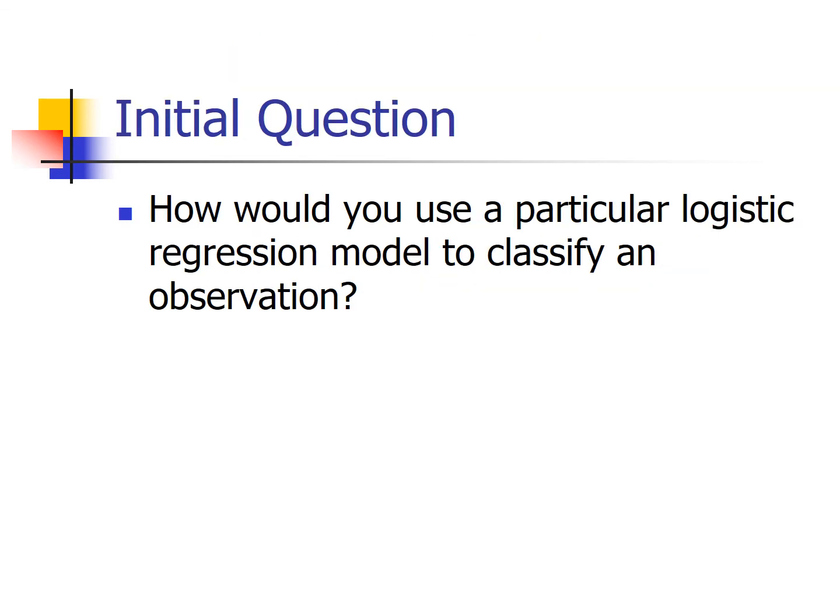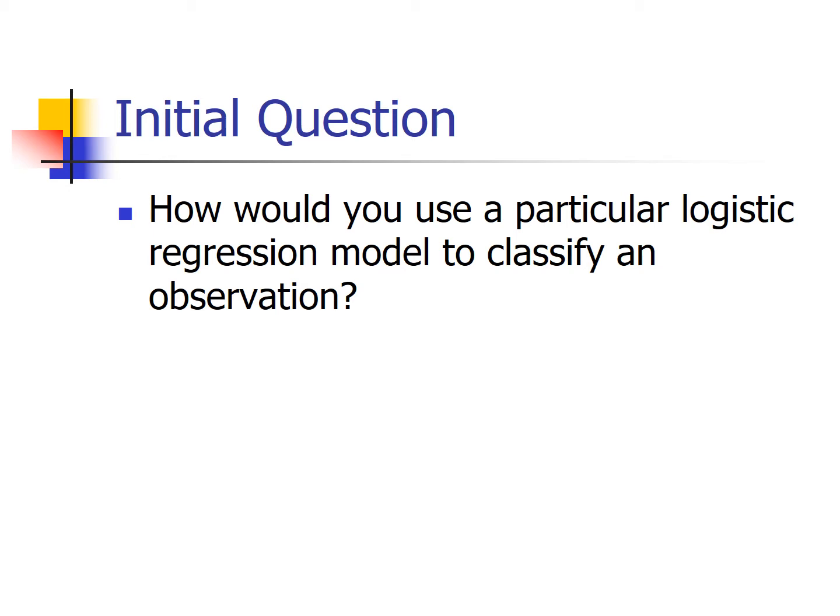Now, to kick off a discussion of classification, think about how you might do it. How would you use a particular logistic regression model? So you fit a model, for example, trying to predict whether or not a person has a disease, has some ailment or doesn't.